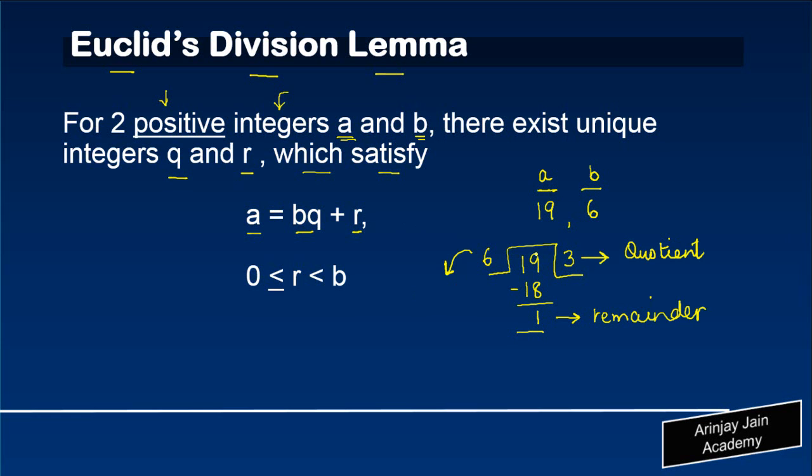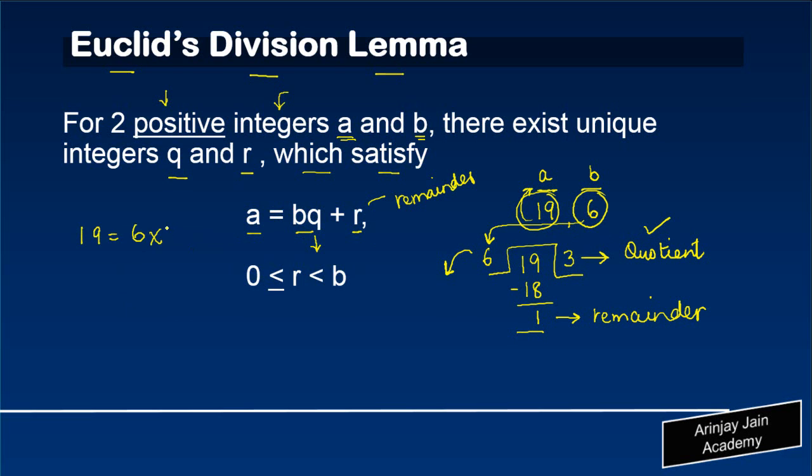Now in my example, I told you that 19 is a, 6 is b. What is q? q is the quotient, and r is actually nothing but the remainder. So what it says is that for every two positive integers, 19 is equal to a, and b is 6, times the quotient.